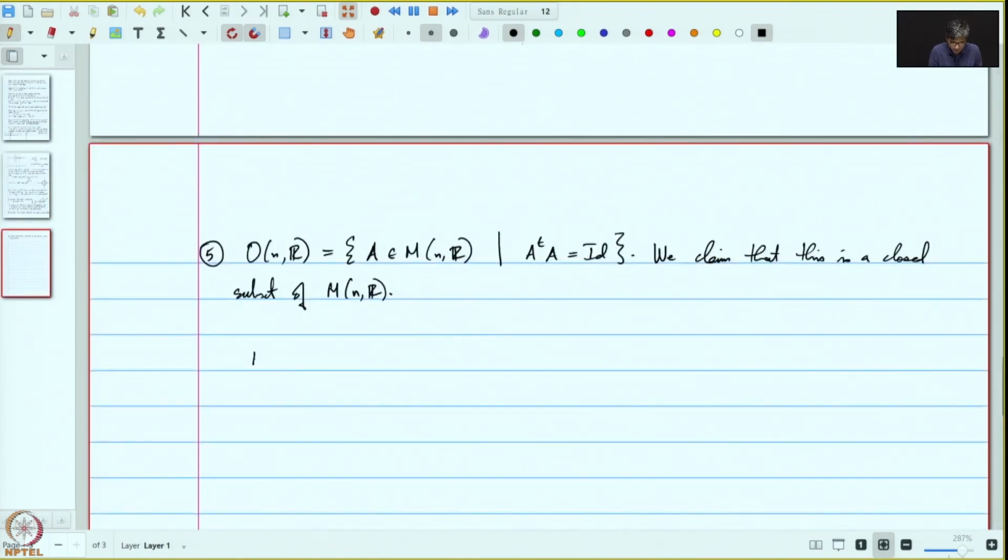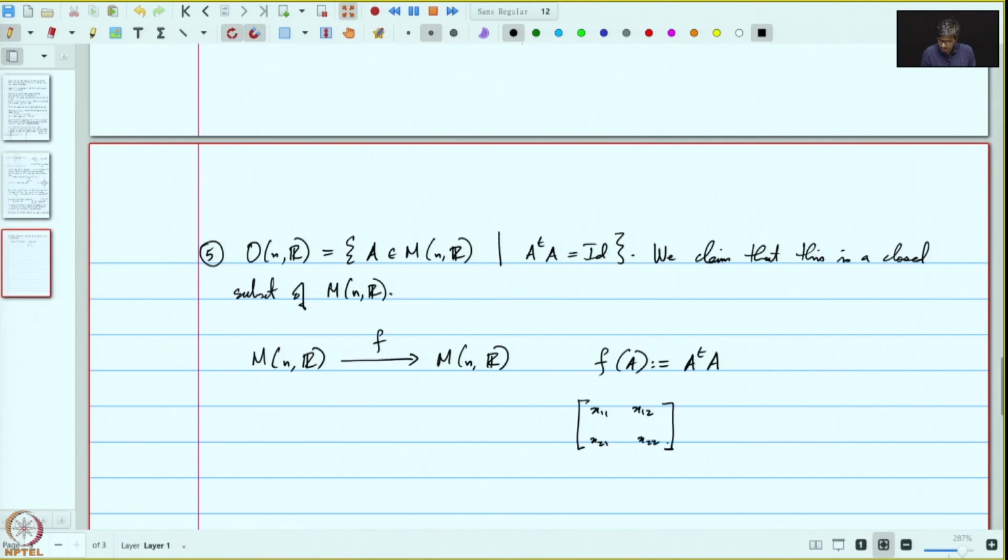So first we have to look at this map from MNR to MNR. So let's call this map F. So the map F is A goes to A transpose A. Right. So let's see what this does for a 2 cross 2 matrix. So we have x11, x12, x21, x22. Right. So this is going to map to the transpose of this times the matrix.